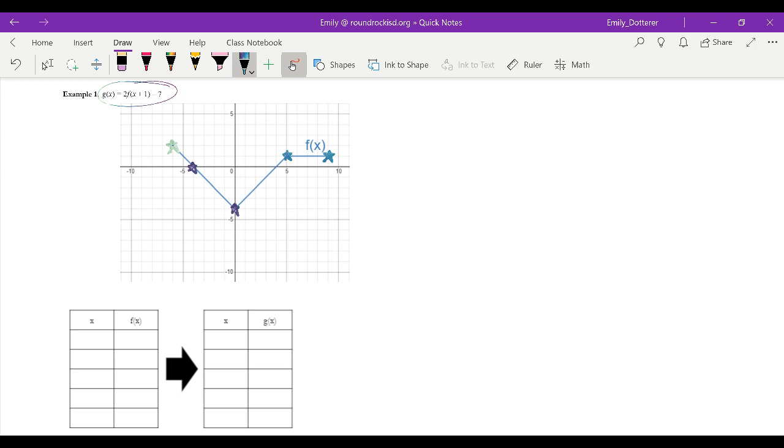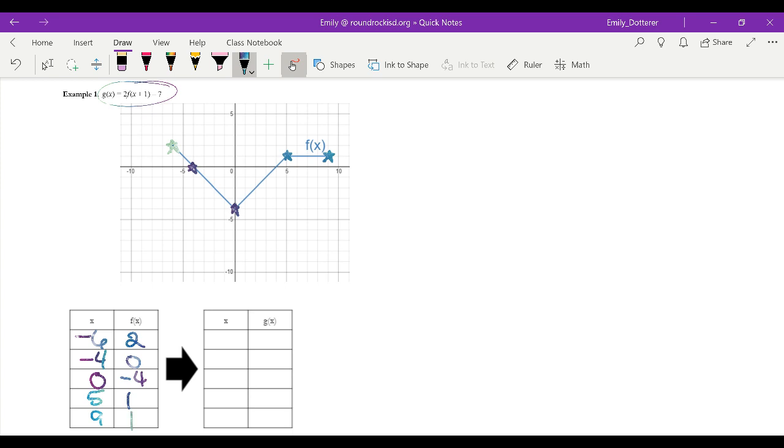So our original points are -6, 2; -4, 0; 0, -4; 5, 1; and 9, 1.